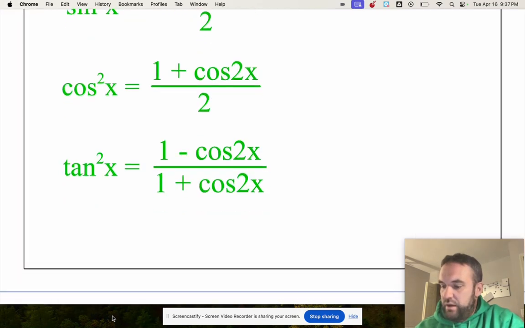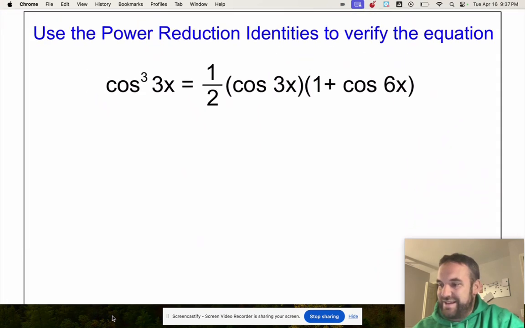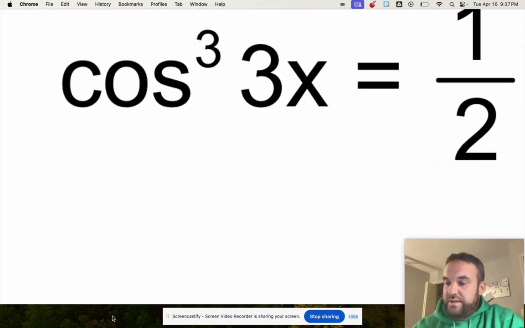So if I come back and take a look, I want to verify that this equation is correct. So I have cosine cubed of 3x is equal to 1/2 times cosine of 3x times 1 plus cosine of 6x. First thing I see is I got this cubed, and that's going to be a problem.